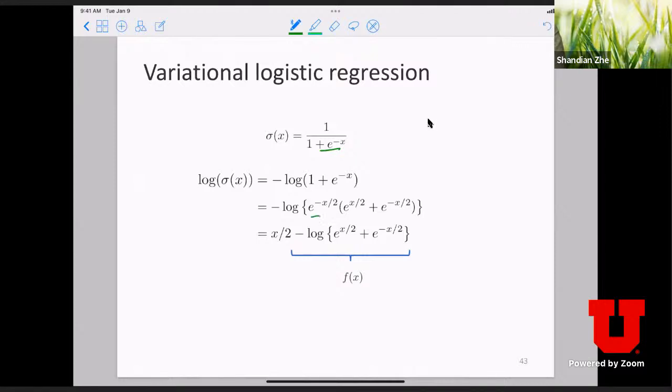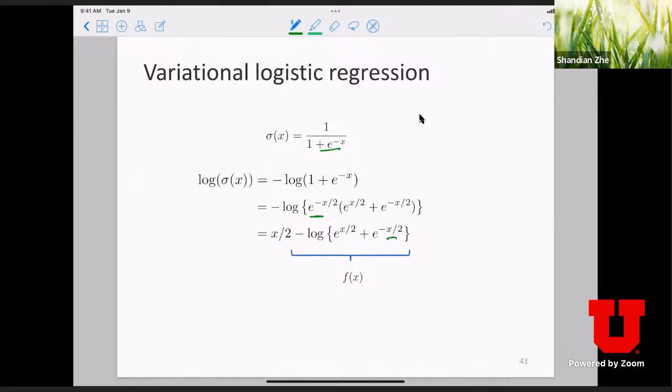If we take out the common term e to the power of minus half x, and because the log of a product is the sum of logs, we can move this term outside. We get half x minus the logarithm of e to the power of half x plus e to the power of minus half x.